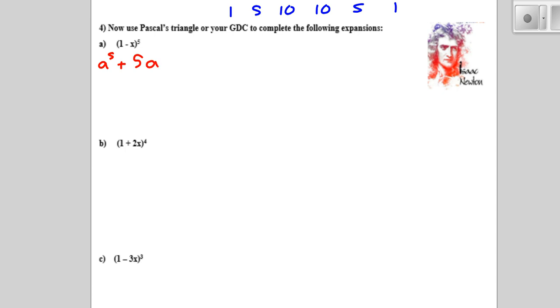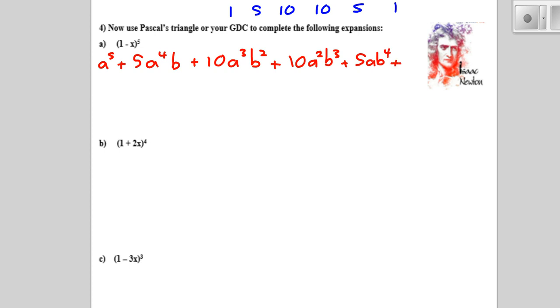Plus 10. It can be good to double check you're not by accident going down and then up again in powers of A or something like that. Yep, you keep going down, good. And then plus 1.